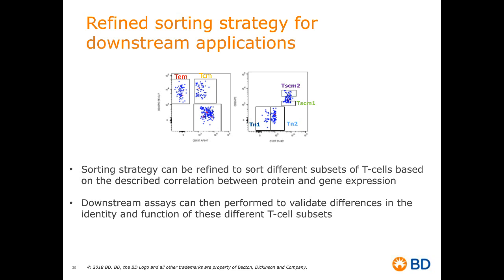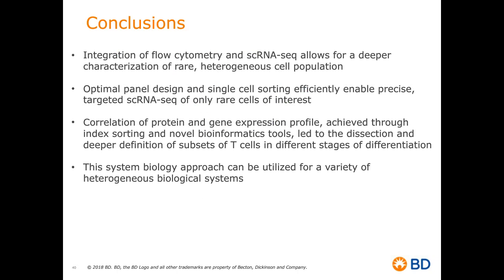In conclusion, what I showed you today is that integration of flow cytometry and single-cell RNA-seq allows for a deeper characterization of rare heterogeneous cell population. We also show that optimal panel design and single-cell sorting efficiently enable precise, targeted single-cell RNA-seq of only rare cells of interest.